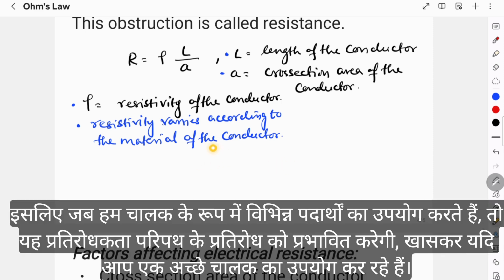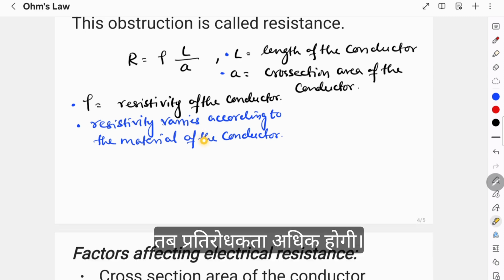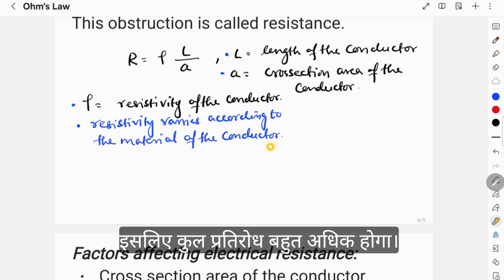So when we use different materials as conductor, this resistivity will affect the resistance of the circuit. If you are using a very good conductor, the resistivity will be low, and if you are using a conductor which is not very ideal for current flow, then the resistivity will be high. So the total resistance will be very high.